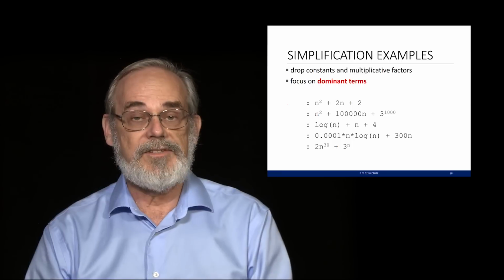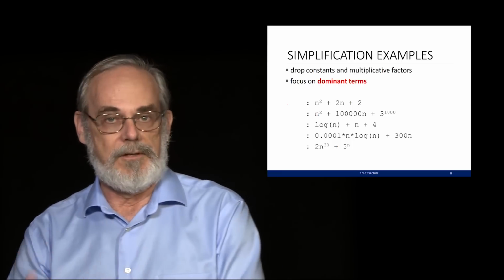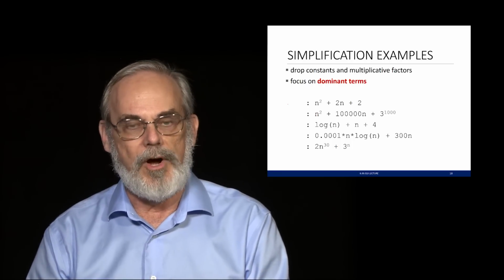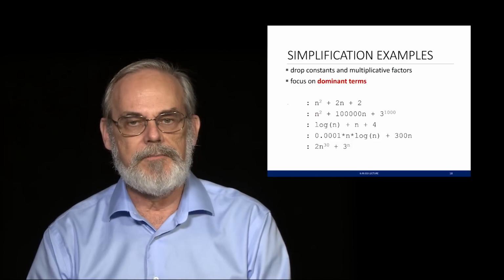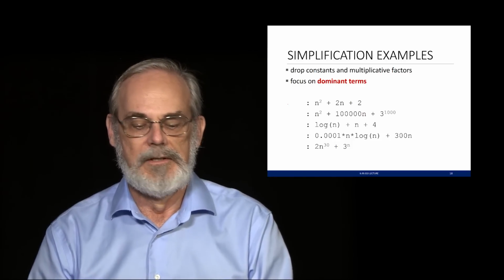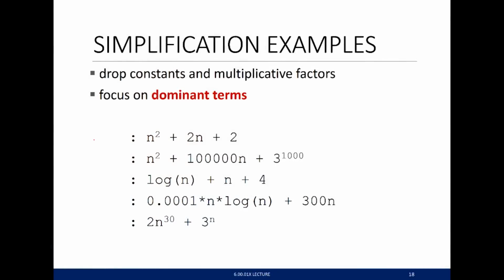So that says when I get expressions for the number of steps inside of a particular computation, I'm going to drop the constants, and I'm going to drop the multiplicative factors, and I'm just going to focus on the dominant terms. So if I had an algorithm that had the number of steps shown in that first example, I'm going to say that's order n squared.